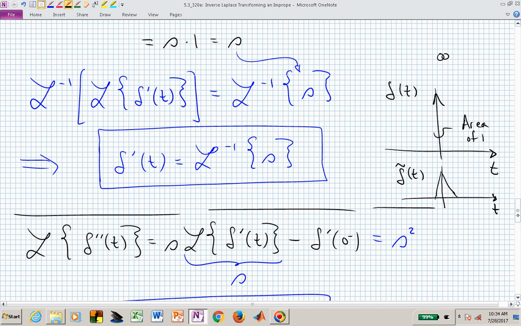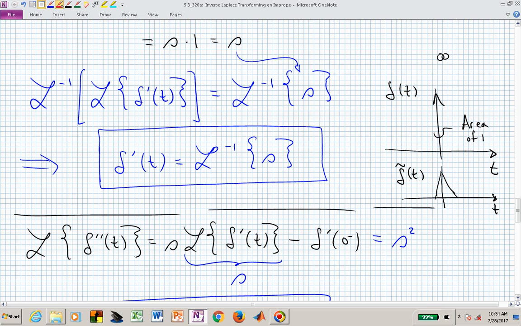That's now s times the Laplace transform of the derivative of an impulse minus the derivative of an impulse evaluated at 0 minus. Again, even though we have this sharp transition or switching, it's only happening at t equals 0. So at 0 minus, nothing is happening.